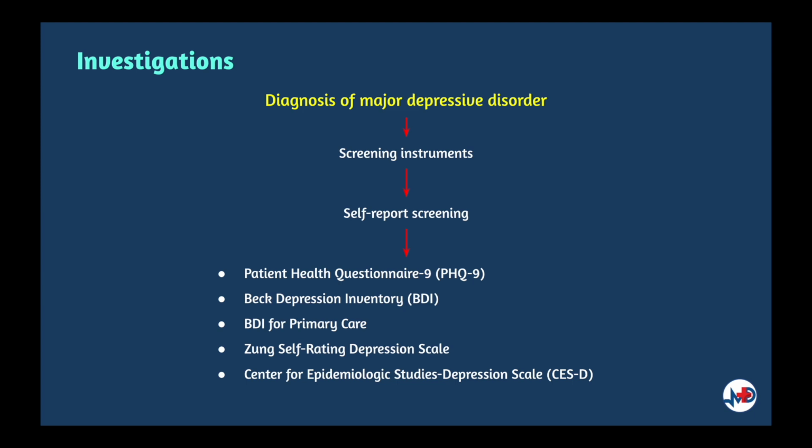Others are the Beck Depression Inventory, or BDI, the Zung Self-Rating Depression Scale, as well as the Center for Epidemiologic Studies Depression Scale, which is a 20-item instrument that allows patients to evaluate their feelings, behavior, and outlook from the previous week.